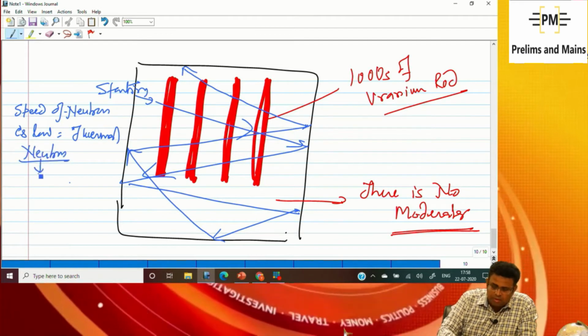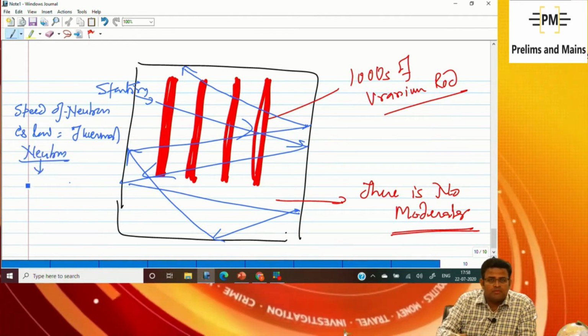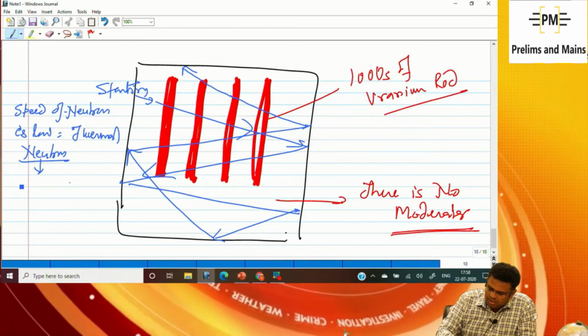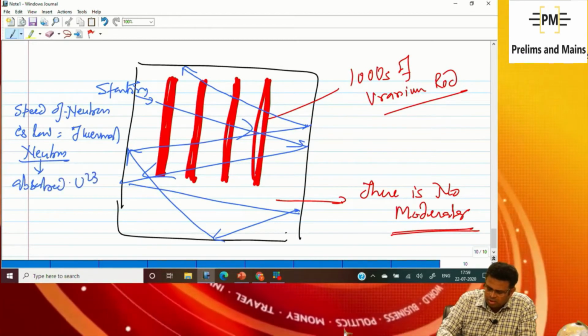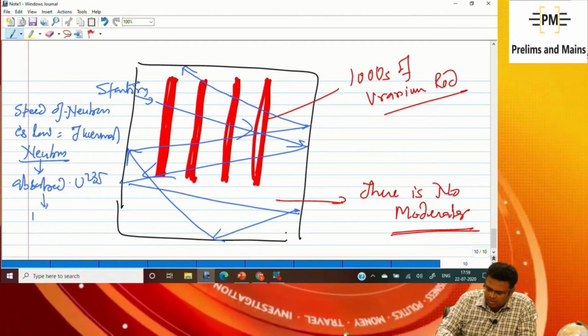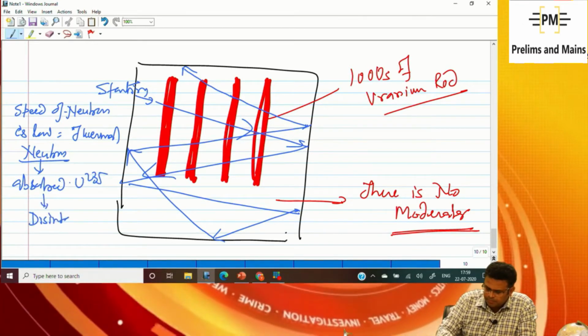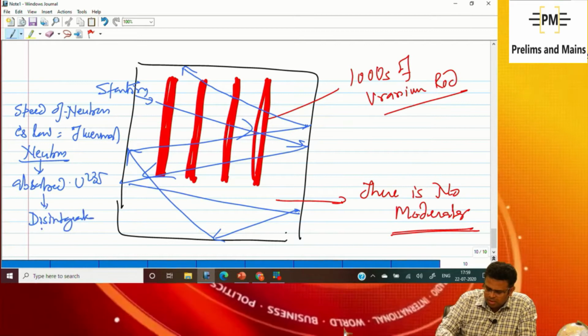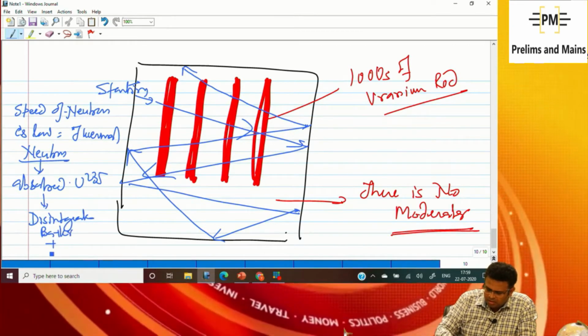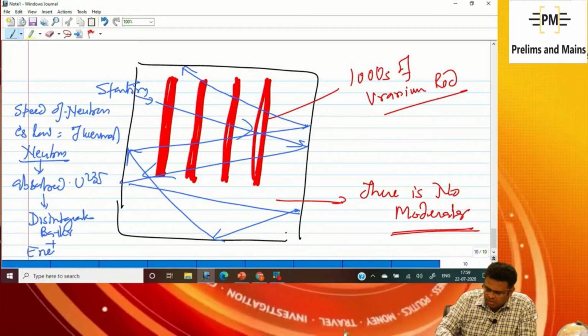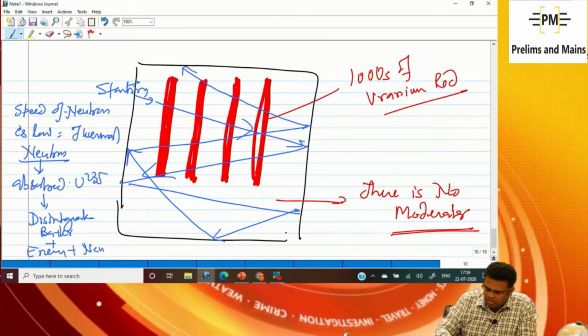It will be absorbed by uranium 235, a fissionable material, and disintegrate into barium and krypton and neutrons, giving energy and 3 neutrons.